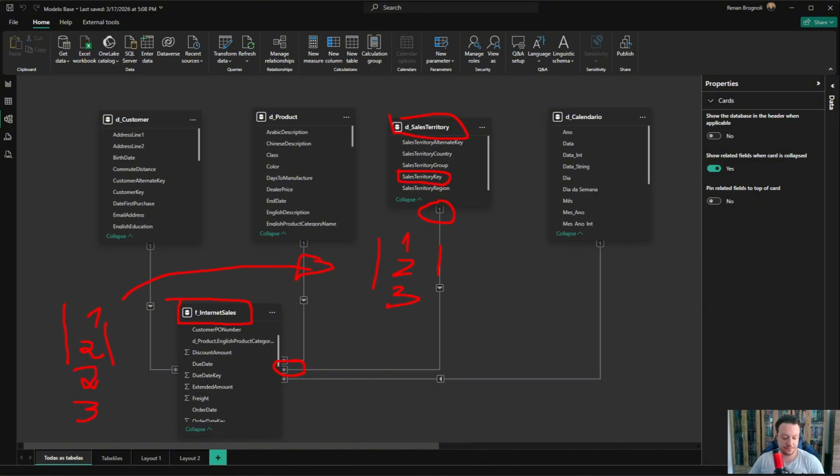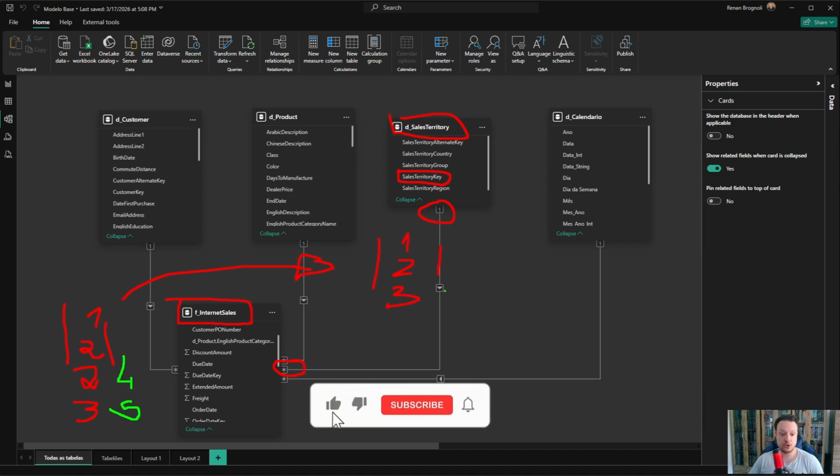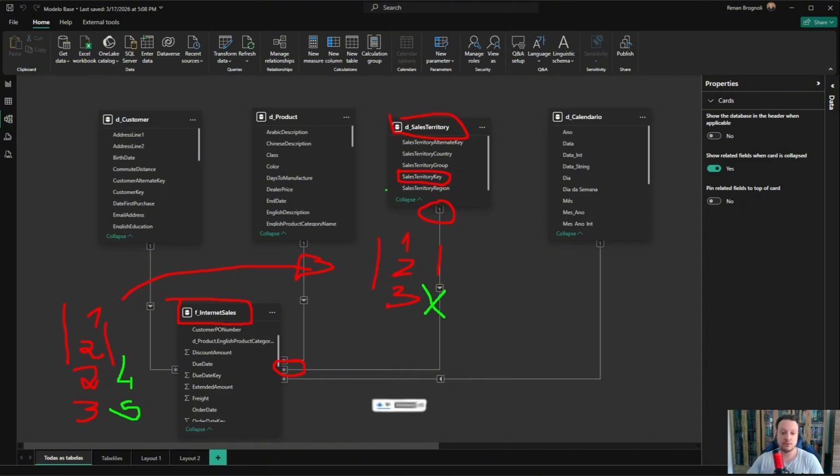Now, let's say that we have in our fact table a key 4 and a key 5, and we don't have it here in our dimension. So when we do the relationship, create a measure, for instance, total sales, and we put the dimension countries and the total sales, every key that we don't have in our dimension will result in a blank row with the values grouped together of all the missing keys.